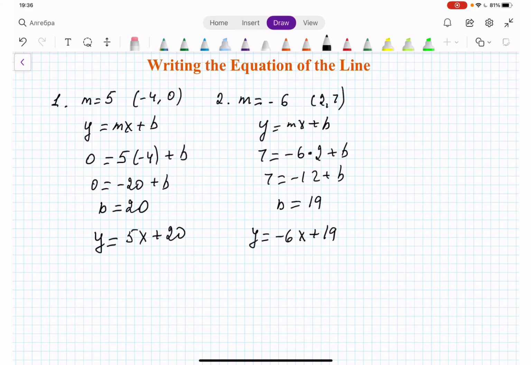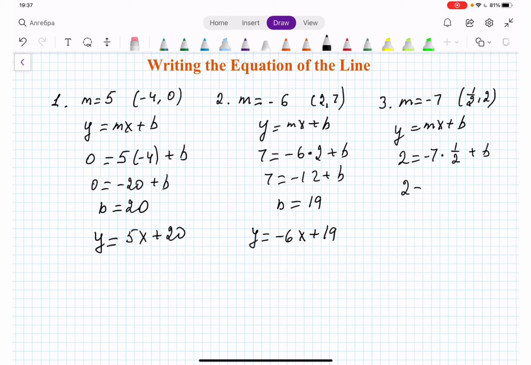Next one. m is equal to -7. And we have the point (1/2, 2). Same way, we need to find the equation. So y is equal to mx plus b, and y is equal to -7 times x, and plus b.